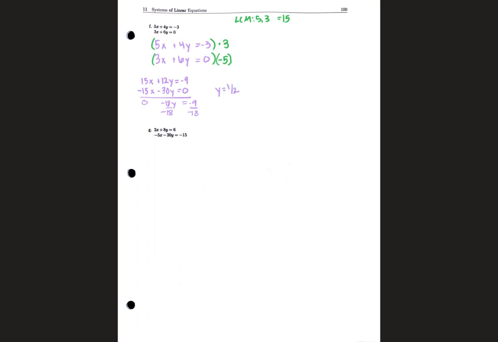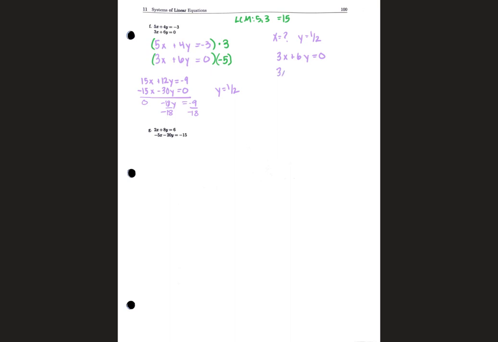That's okay. Working with fractions is not a big deal in these problems. So we have our y. We don't know our x, but we do know our y. So I'm going to use one of the equations. I think I'll use the equation that has the 0 in it.